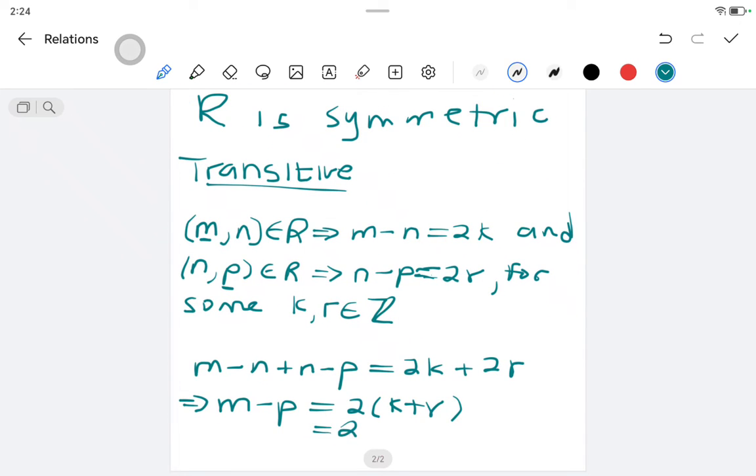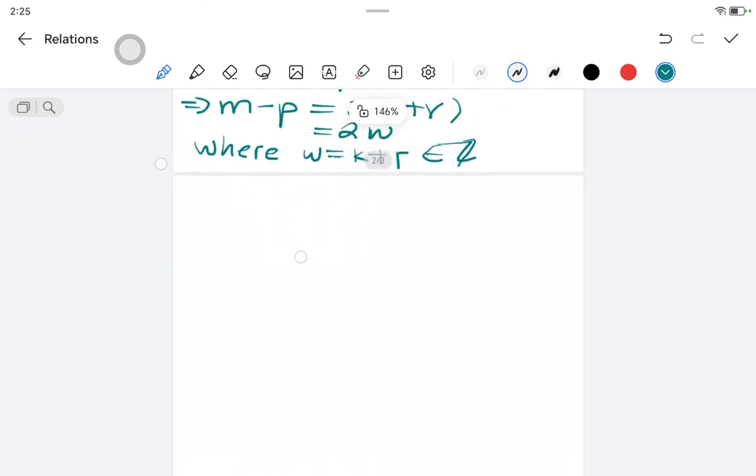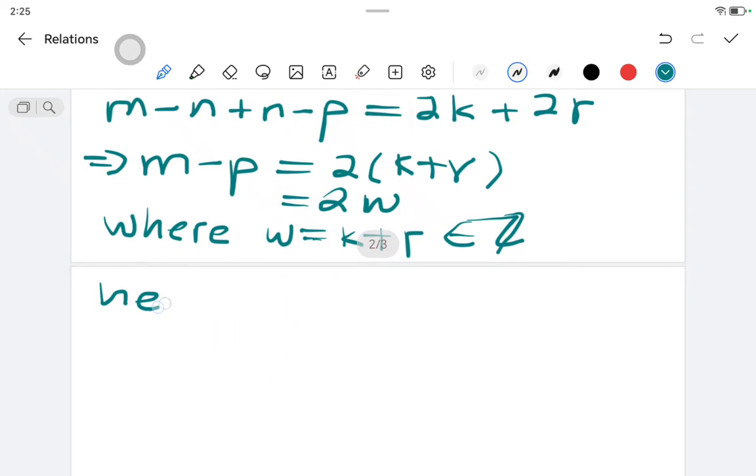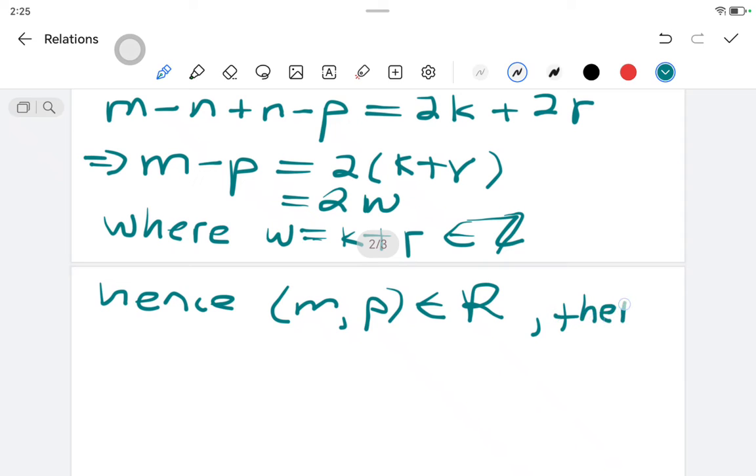This is the same thing as 2w, where w is equal to k + r, and this is an element of the integers. Also, this is even, hence I can say that (m, p) is also an element of the relation R. Therefore, we can say that R is transitive.